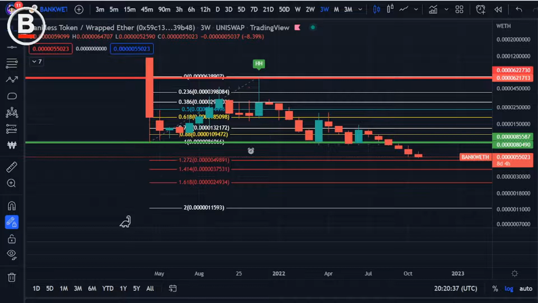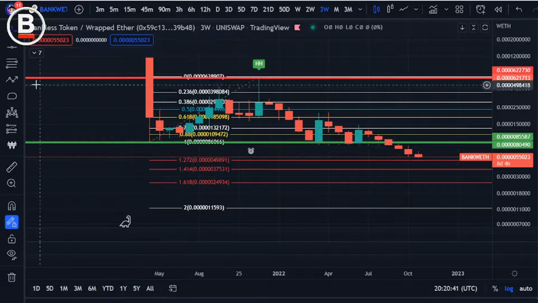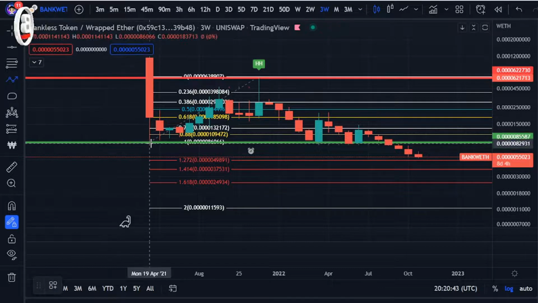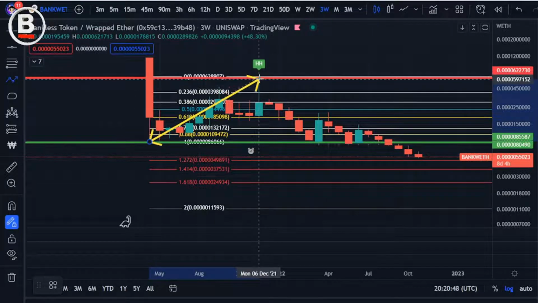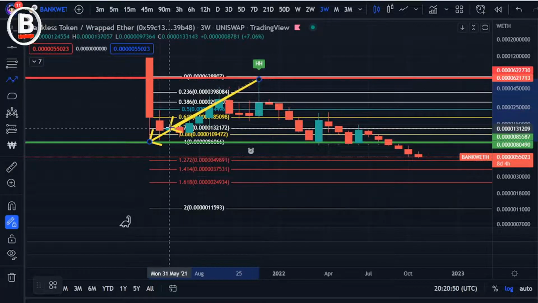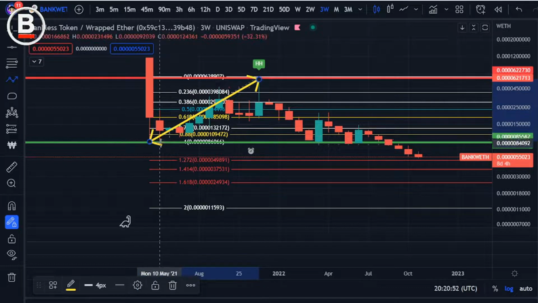what's going on. This is called a fib retracement. And what we do is we take from the low here to the high here, we measure that distance and break it up into percentages.